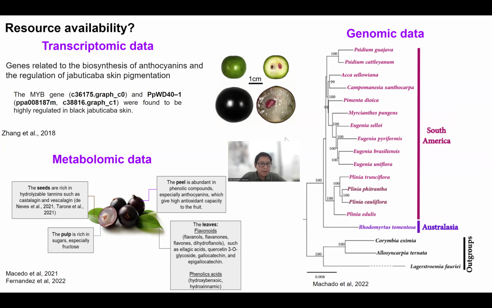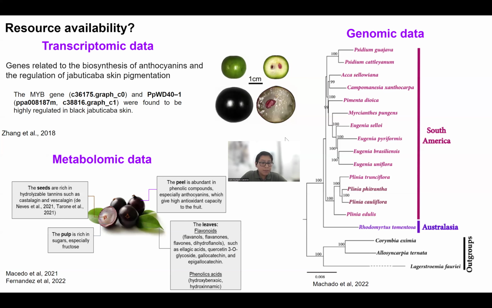There are many reports about the chemical compounds in different parts of the fruit. For example, the peel is abundant in phenolic compounds, especially anthocyanins. Anthocyanins are related to the antioxidant power in the fruit.